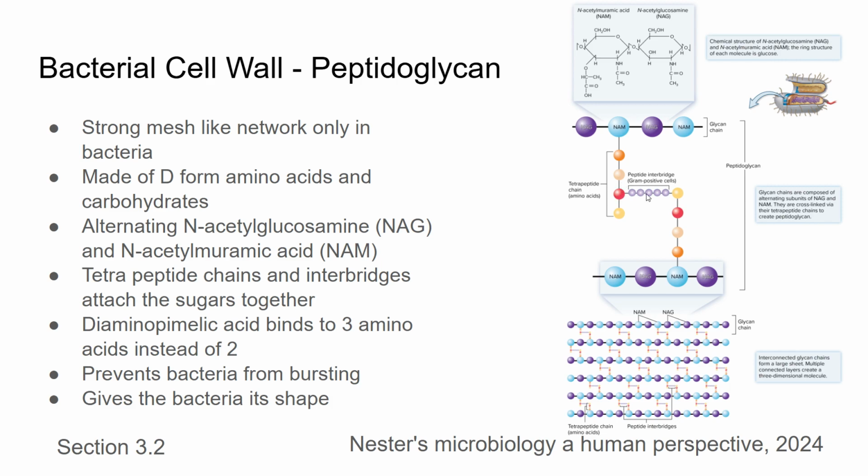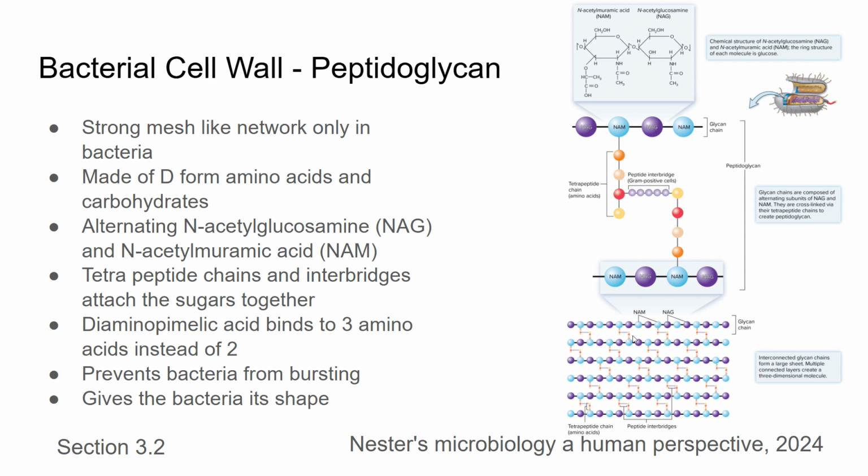Typically, amino acids don't make a branch. So this means that bacteria are going to have a special amino acid that's capable of making 3 peptide bonds instead of 2. Now this is called diaminopimelic acid. It's a mouthful, but that's what it's called because it can make 3 peptide bonds.